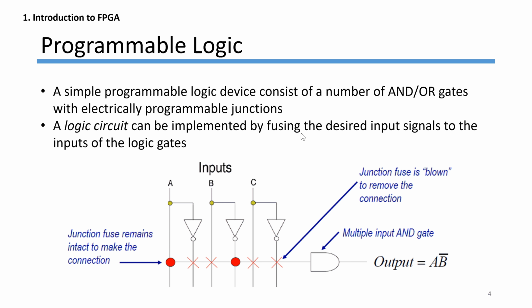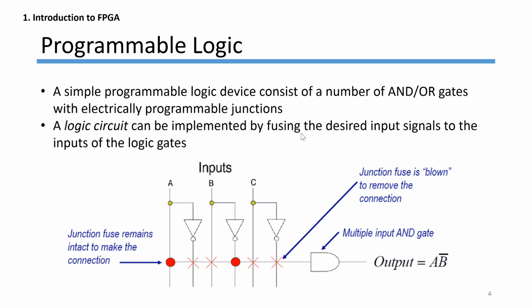A simple programmable logic device consists of a number of AND or OR gates with electrically programmable junctions. Now, these AND and OR gates are logic gates. If you remember from the lectures, they provide logic functions to the signals. A logic circuit can be implemented by fusing the desired input signals to the inputs of the logic gates.